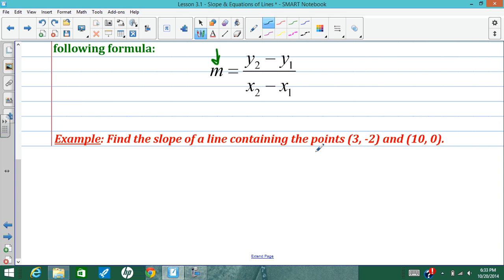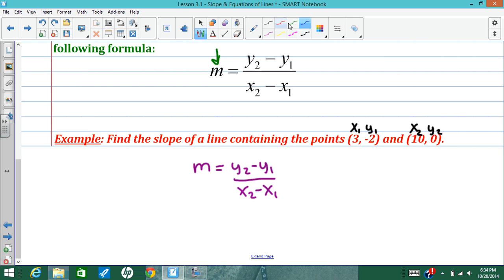If I want to find the slope between these 2 points, I'll start like I did with distance formula or midpoint, and I'll label one (x1, y1), label the other (x2, y2), and then I can rewrite the formula. And then I can plug in what I know.